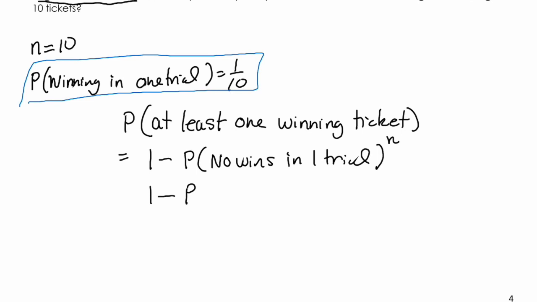So that means in one trial I have a 9 in 10 chance of not winning. So that means my probability of no wins in one trial would be 9/10. And I would have to raise that to the 10th power because my n is 10. I have 10 trials. So when I put that on my calculator, I'm going to get approximately 0.651.